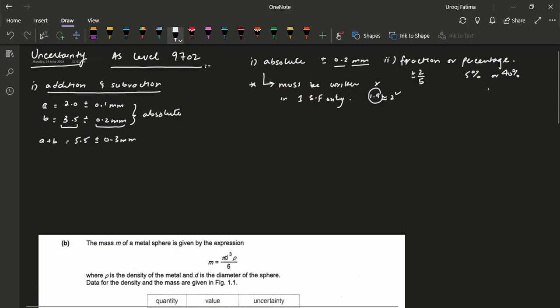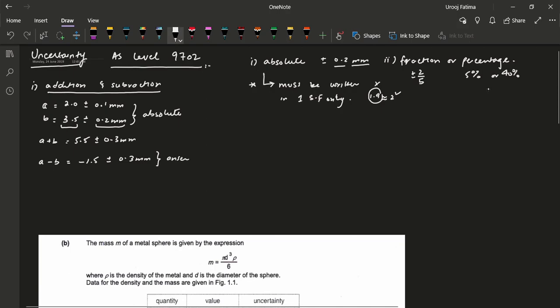Now, if they've similarly given you a subtraction operation, a minus b, it's going to be minus 1.5, and you must remember, no matter what, the uncertainty will still add up, because you have done an operation with individual uncertainties like this, so you have to add them, and now this is your answer.